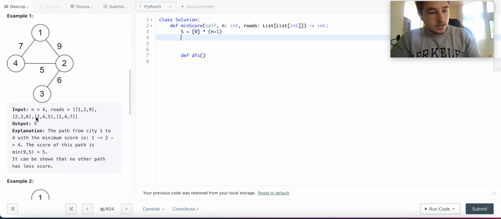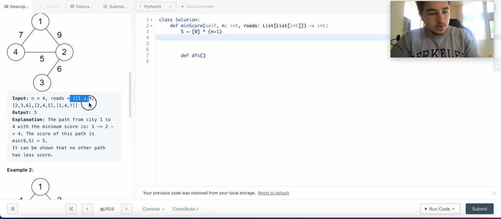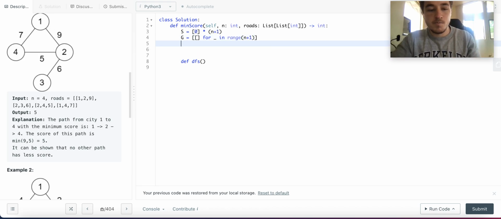Well, actually first, when we look at these roads, it's given as an adjacency list. So we should probably represent the system as a graph because it would be easier and more efficient to traverse the system that way. So we'll create an adjacency list for each of the possible nodes. I'm doing n+1 here because the system starts at 1, so we have to do a 1 offset.